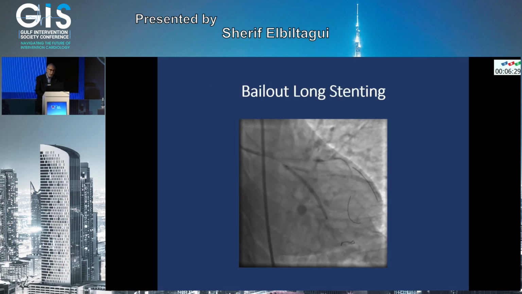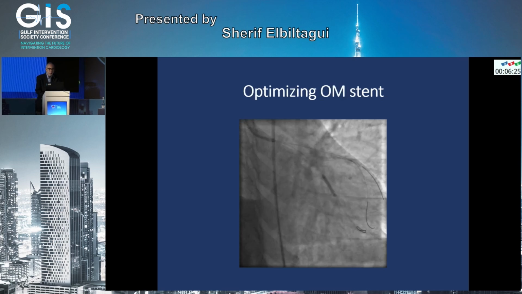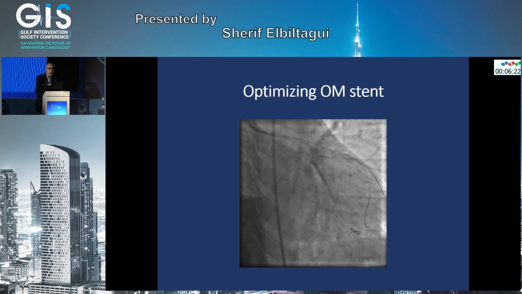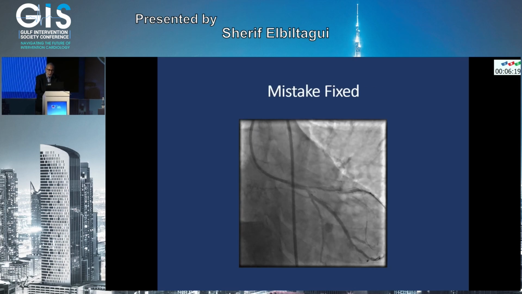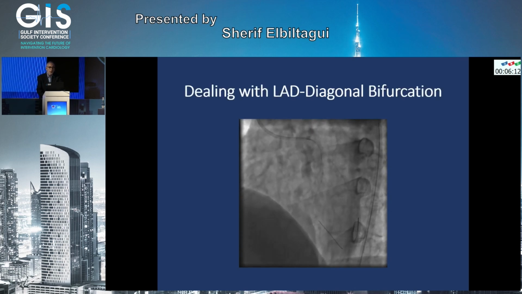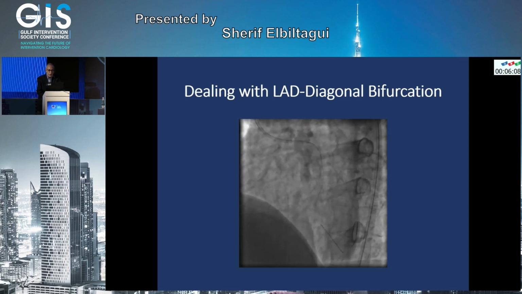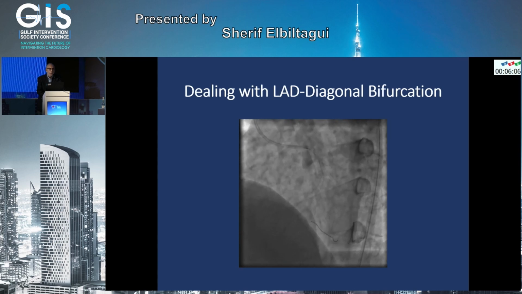After that, pre-dilatation, then a bailout long stenting, and of course I optimized it at that time in order to get back to my original procedure, the CTO, where after opening the LAD, you have a very nasty bifurcating lesion with a lot of dissection, especially in the diagonal.